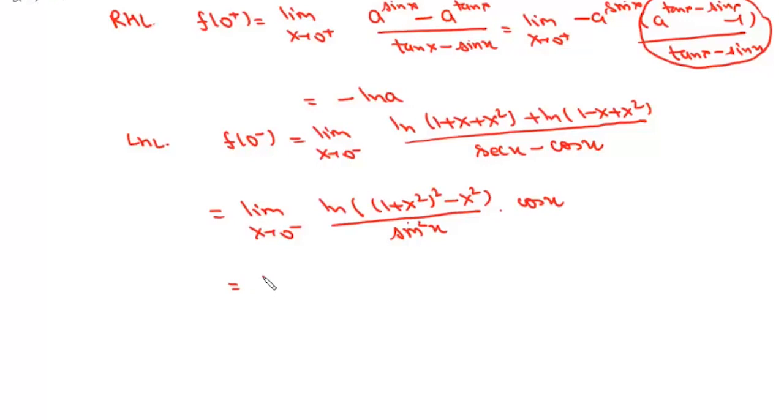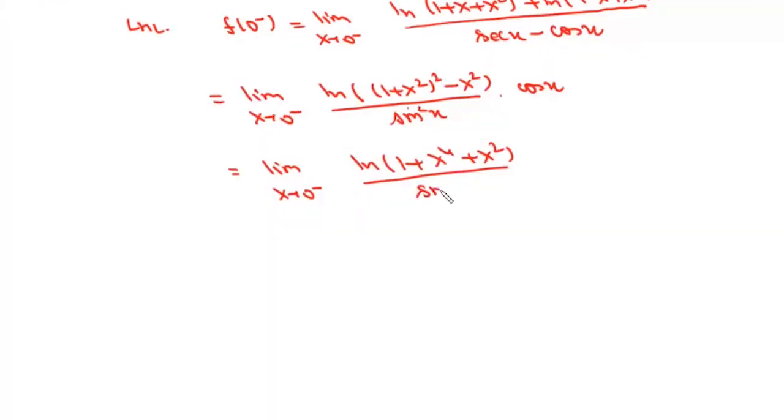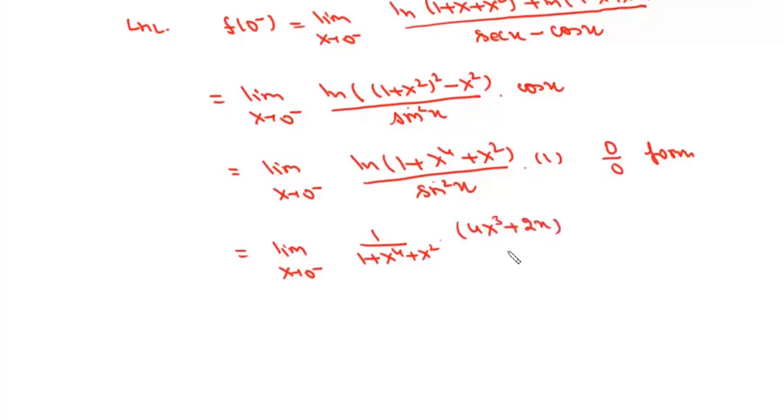Now we simplify this, we can write this as limit x tends to 0 negative, and here it will be log 1 plus x to the power 4 plus x square upon sin square x and cos 0 is 1. Now log 1 is 0, sin 0 is 0, so it is 0 upon 0 form. And if it is 0 upon 0 form, we'll use L'Hopital's rule. So we'll write this as limit x tends to 0 negative, 1 upon 1 plus x to the power 4 plus x square into its derivative, which is 4x cubed plus 2x.